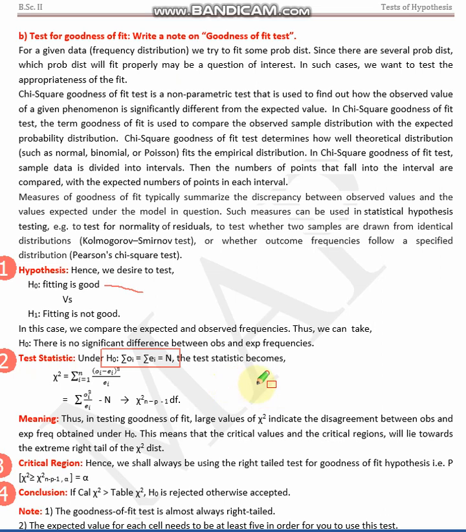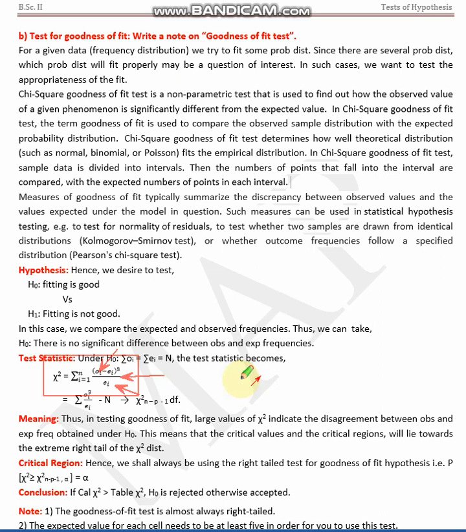The total frequency should be taken as n. So the test statistic in this case becomes chi-square equal to summation (Oi minus Ei) square divided by Ei. Here Oi stands for my observed frequencies, Ei stands for my expected frequencies. So take the difference Oi minus Ei, square it, and divide by Ei.